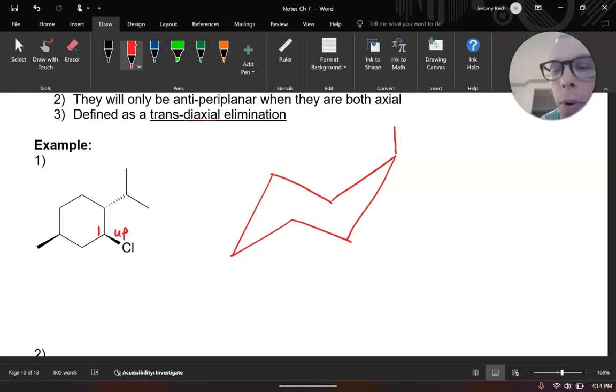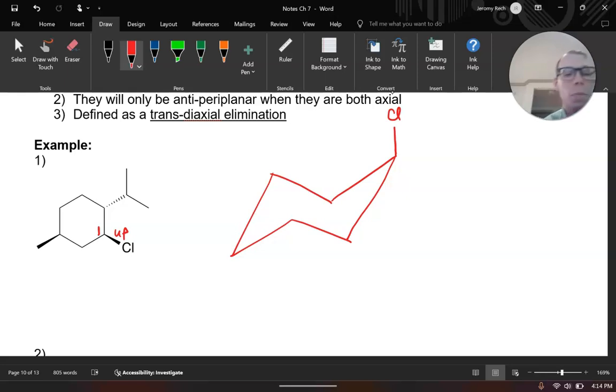So I'm going to put that chlorine in an axial up. Your leaving group is not going to do a very good job leaving in the equatorial, so you're almost always going to have an axial leaving group. So I'm always going to define my leaving group in that top position.